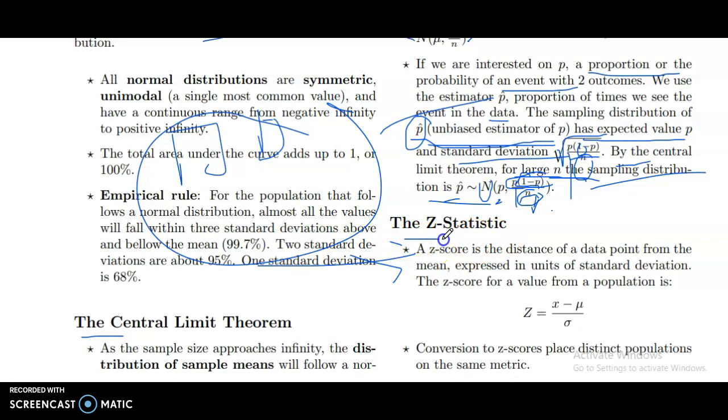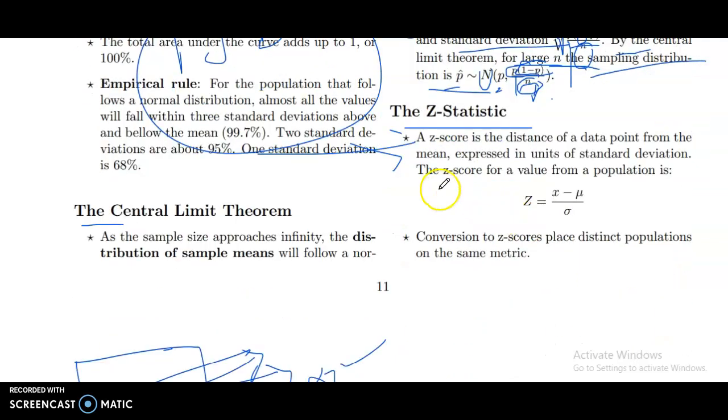Z score is the distance of a data point from the mean, expressed in units of standard deviation.